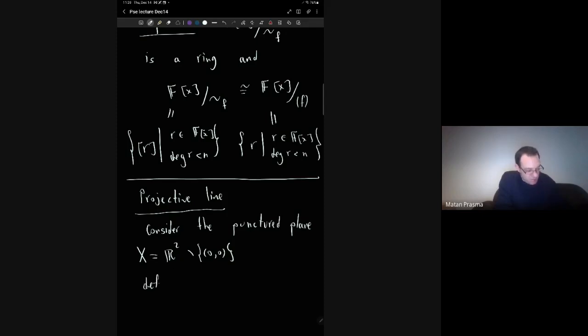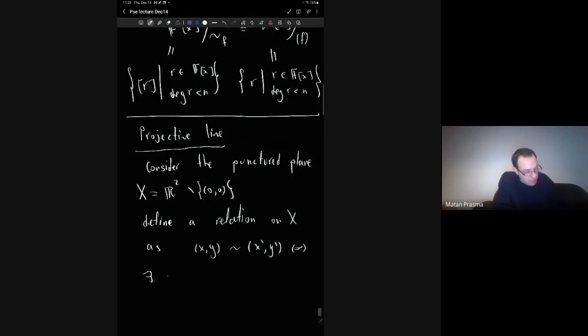And define a relation on x as follows. I take 2 points, let's say xy, and I declare that this is equivalent to x prime y prime if and only if there exists some non-zero scalar lambda such that xy is equal to lambda x prime lambda y prime.